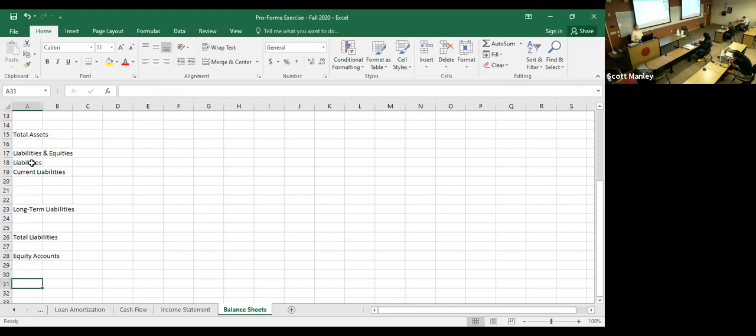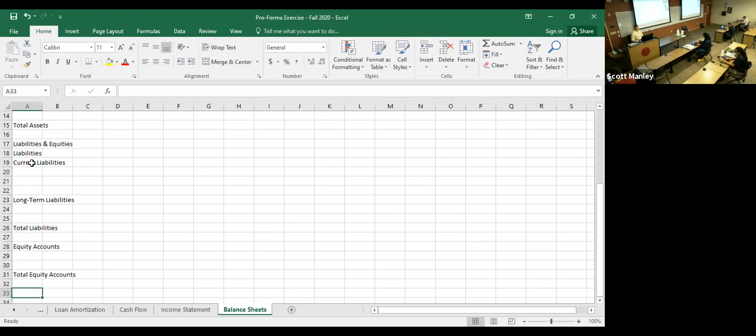Similar to my liabilities, I'm going to have a total equity account. And down here at the very bottom, I'm going to have total liabilities and equities.